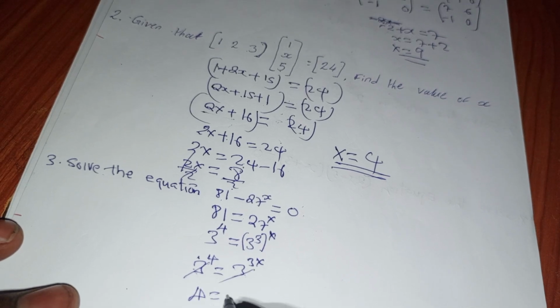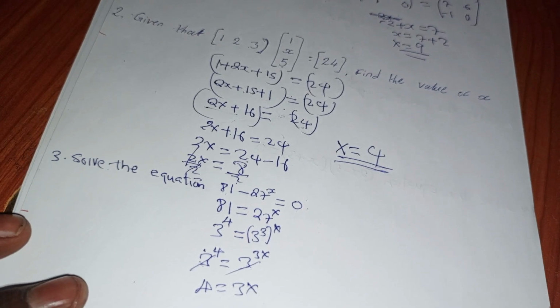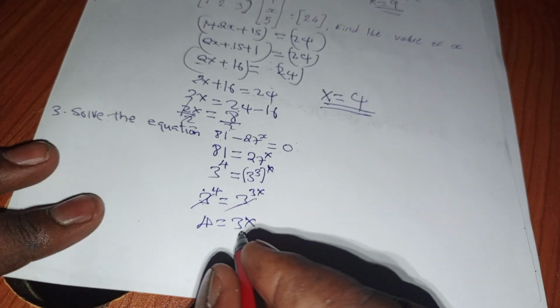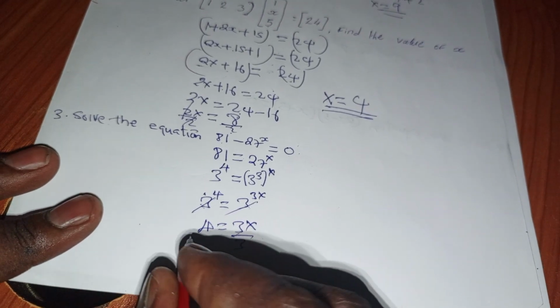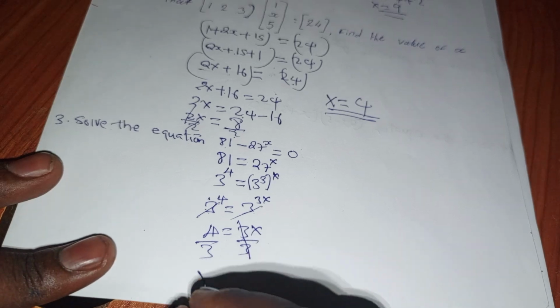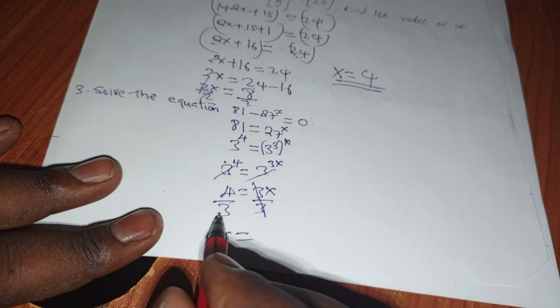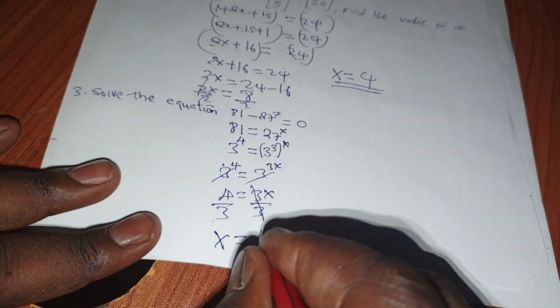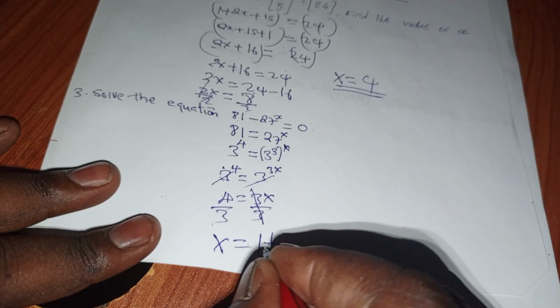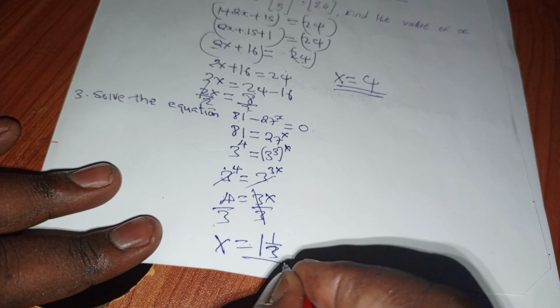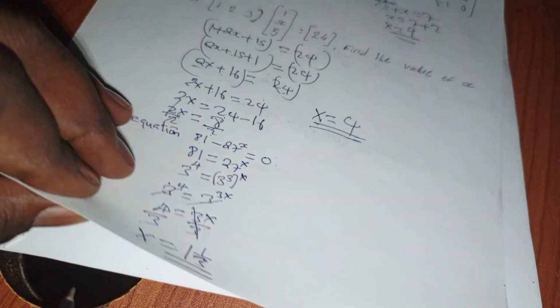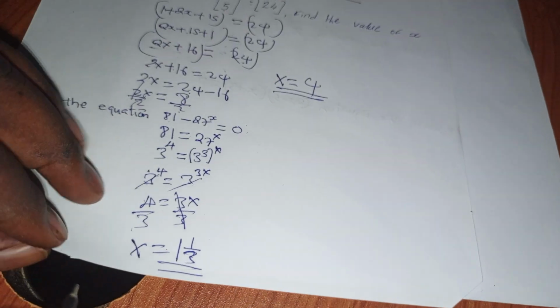So 4 is equal to 3x. Since I'm looking for x, I'm going to divide by 3. You cancel here. So x is equal to 4 over 3. 3 into 4 is 1, remainder 1, so 1 and 1 over 3 is the final answer for this part. Hope it's clear. Then I go to the next question.